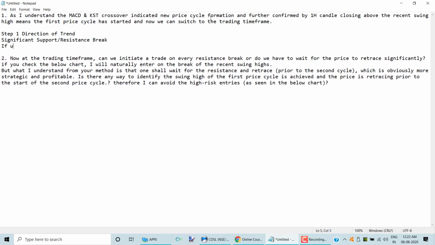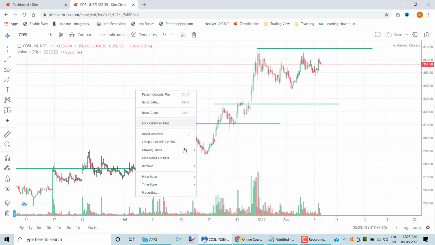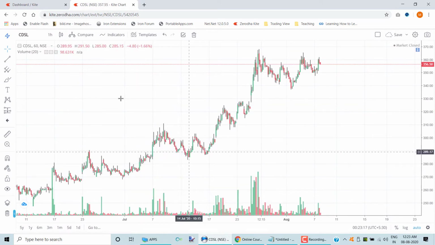If uptrend, look for new resistance levels, and if prices are above the last resistance levels, then the new levels are tradable. The same logic will also work in a downtrend. So I hope you got your mistake here. Do not depend too heavily on indicators.